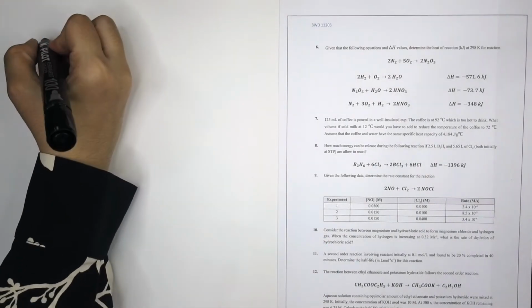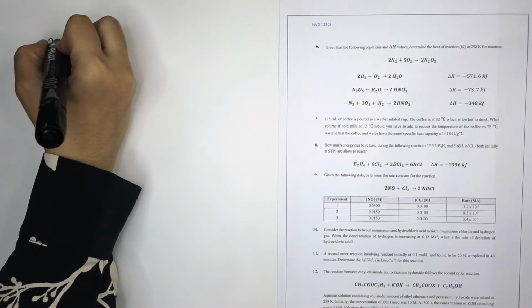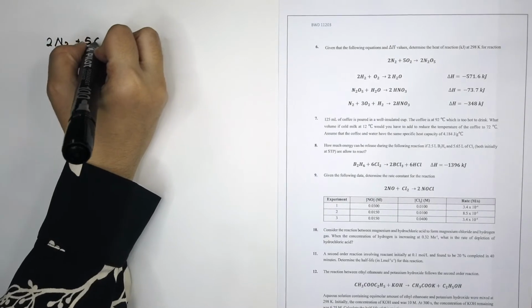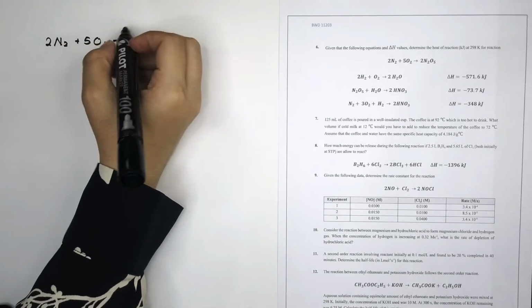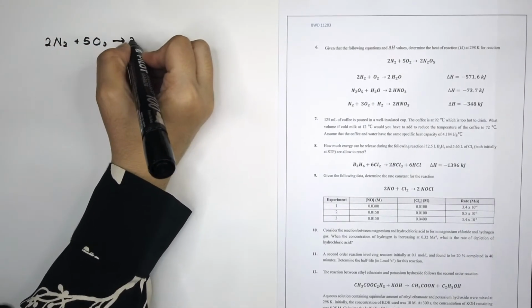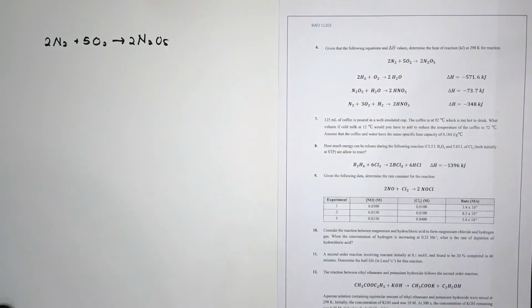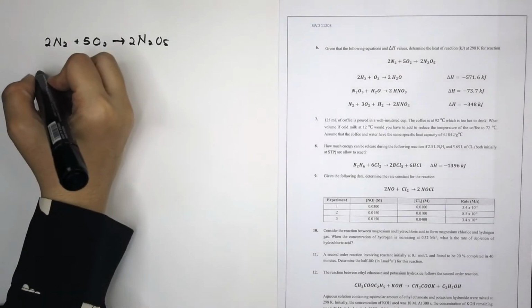Your target equation is 2N2 plus 5O2 to produce 2N2O5, right?